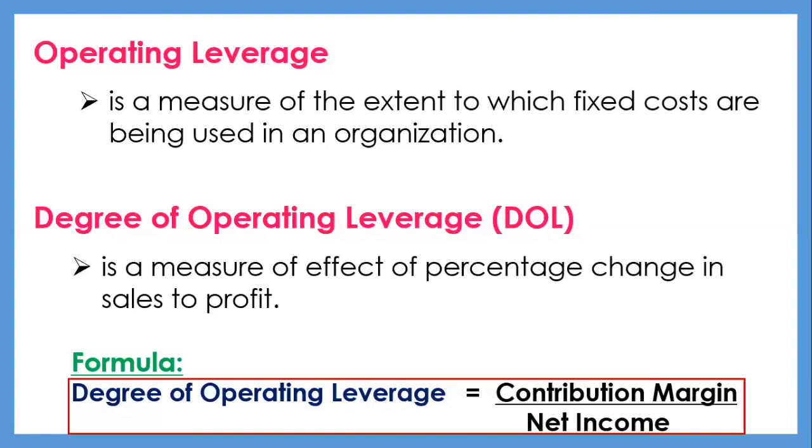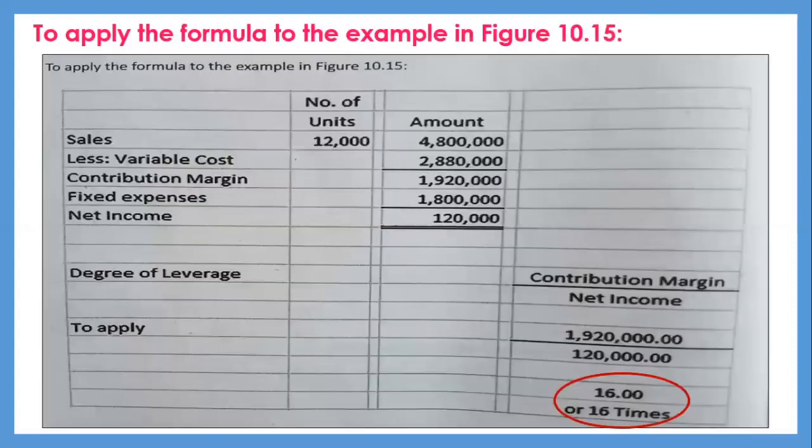Now, the formula for getting the degree of operating leverage is contribution margin divided by net income. Now, to apply the formula to the example in figure 10.15, our formula for degree of leverage is contribution margin divided by net income.